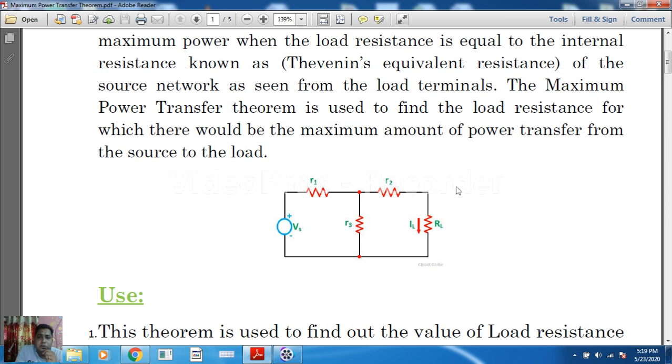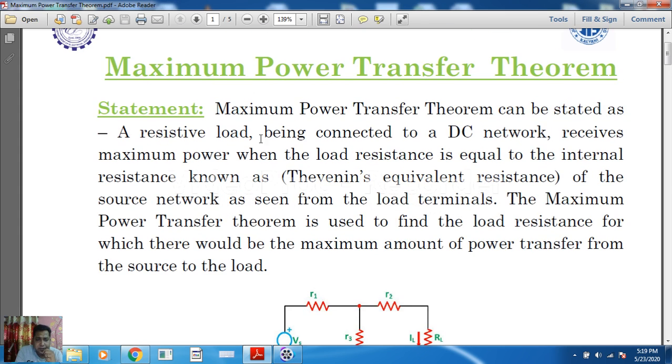Coming to the statement, as you can see there, a resistive load being connected to a DC network receives maximum power. It says there is a resistive load connected to a DC network. For your better understanding, it can be applied to the AC circuit also.